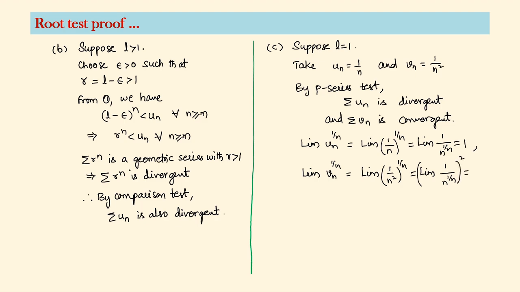That is equal to limit of (1 by n power 1 by n) whole square, which is 1 square, that is equal to 1. So in both the cases, the divergent case and the convergent case, we get L equal to 1. So when L is equal to 1, we cannot say convergent or divergent by this test.